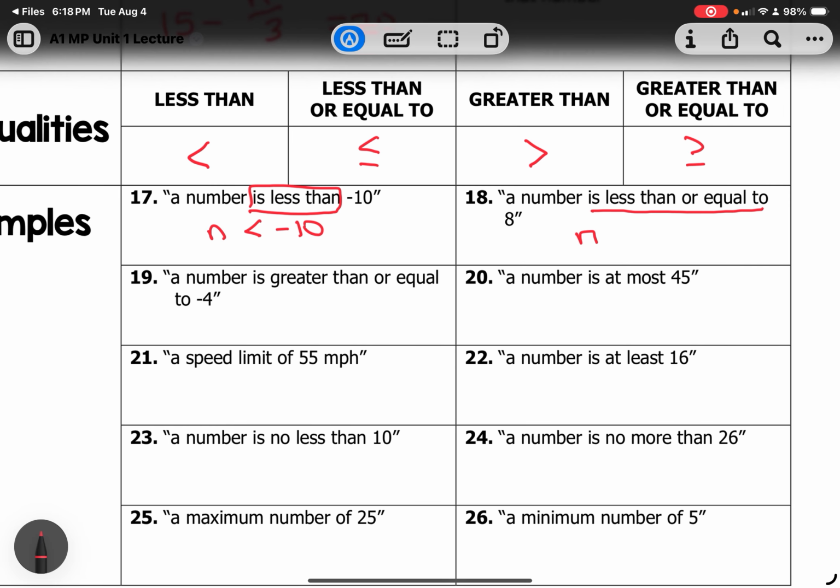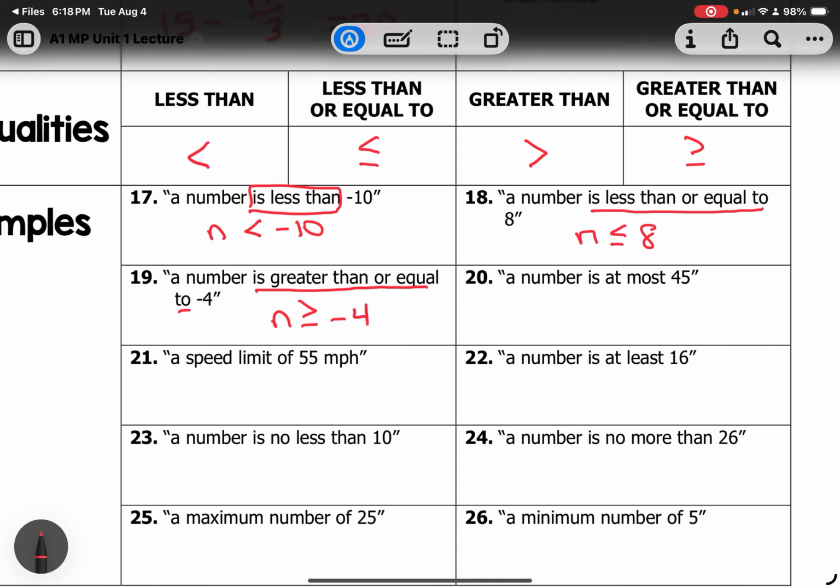So that's going to be our less than or equal to symbol, 8. Okay, those are pretty straightforward. Number 19, a number is greater than or equal to negative 4. So that's that one. Okay, number 20, it finally starts to get interesting.